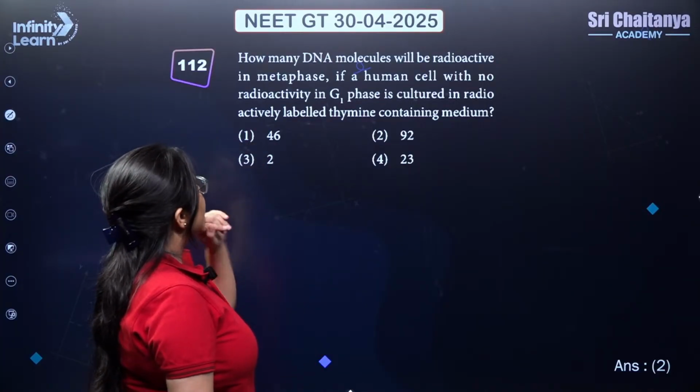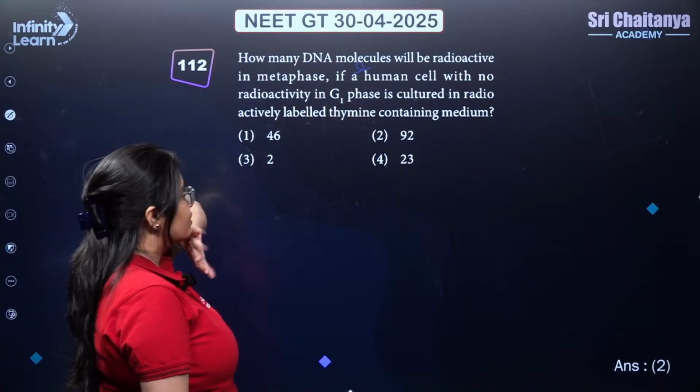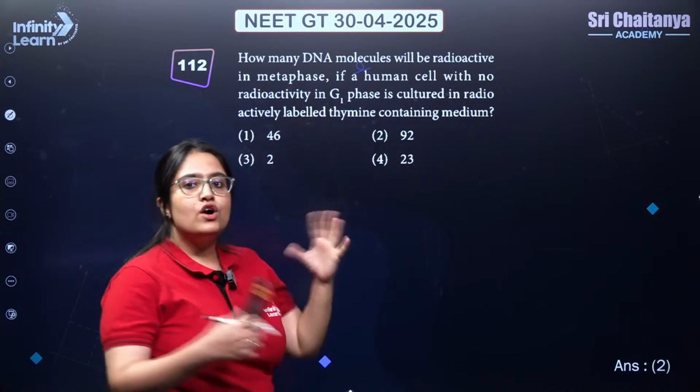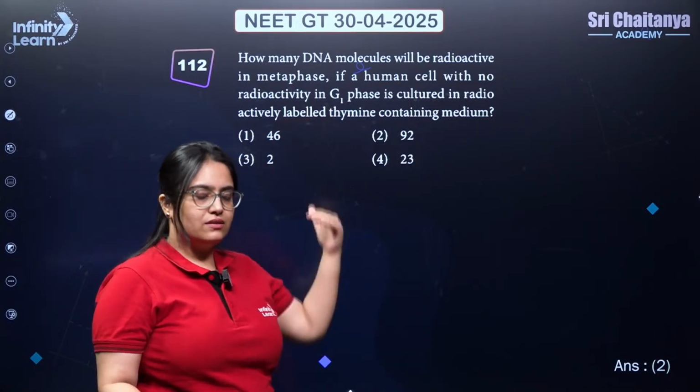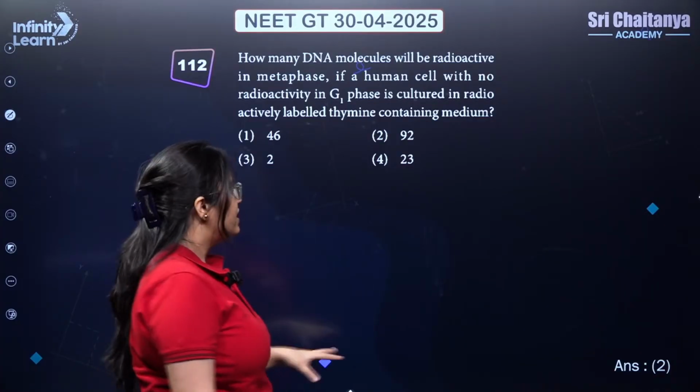Now notice here, they are asking how many DNA molecules will be radioactive. My lovely kids, it is starting from a normal cell. That means the cell entering the cell cycle has normal DNA.